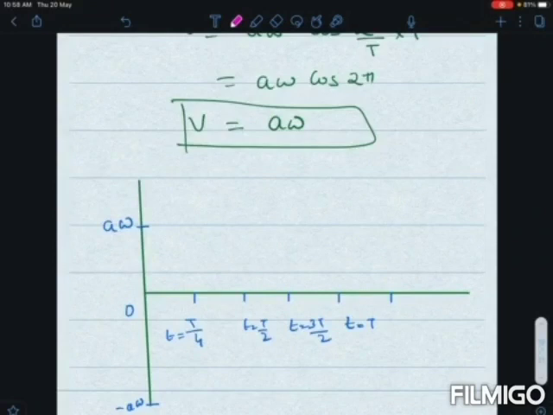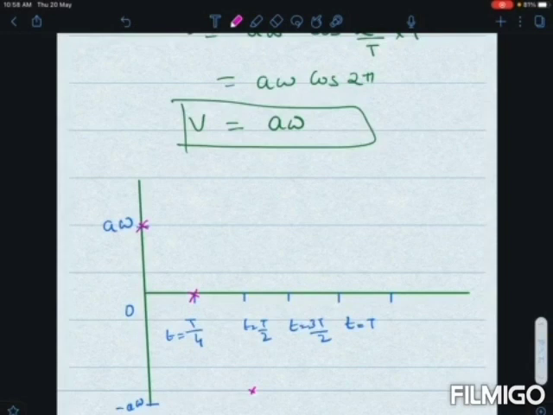In the first case, at 0 it is A omega, at t by 4 it is 0. Okay, we just mark the points first. Then at t by 2 it is minus A omega.